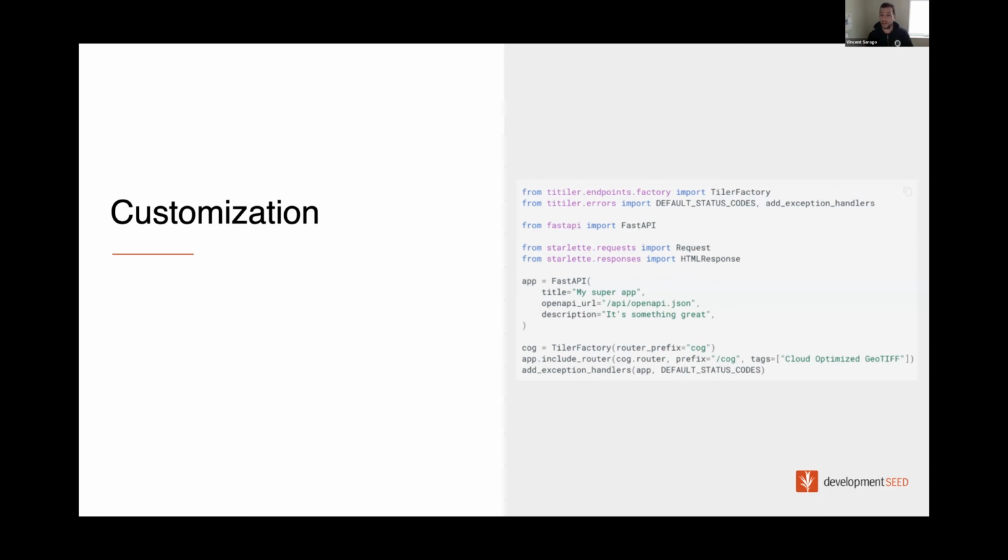You can create something lightweight, removing most of the default endpoints that TiTiler creates. We tried to build something user-friendly, which uses the latest improvements of Python frameworks, with FastAPI. But we also tried to build TiTiler in a way that's really customizable, so the user can do whatever they want.